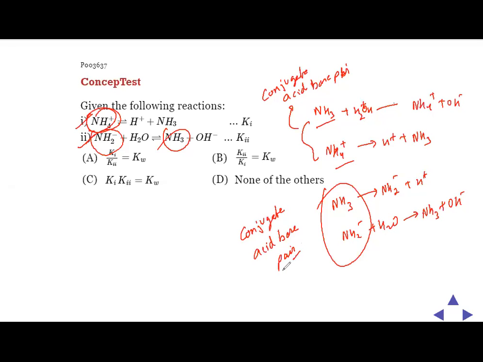Because when we talk about conjugate acid base pair, after losing one H plus or after gaining one H plus, it should convert into the corresponding acid or base. If you're removing one H plus from NH4 plus, it is forming NH3, not NH2 minus.